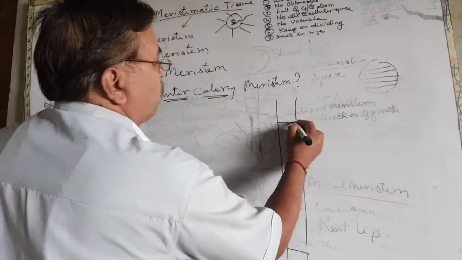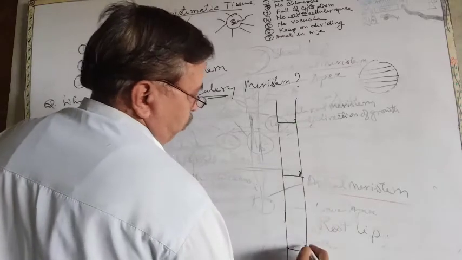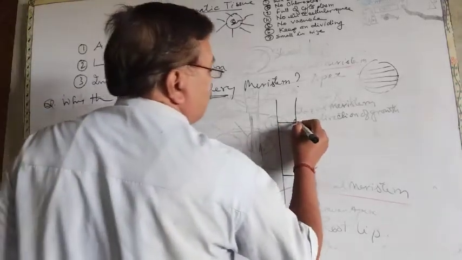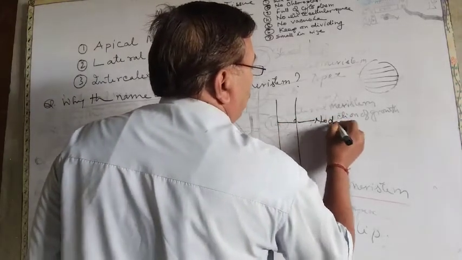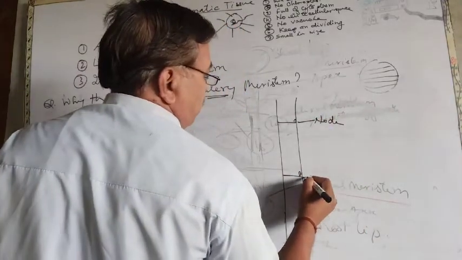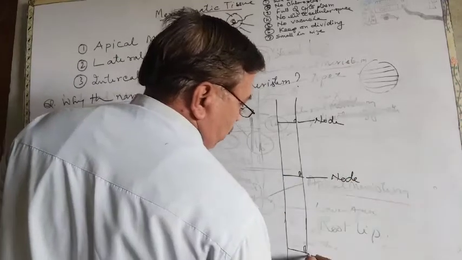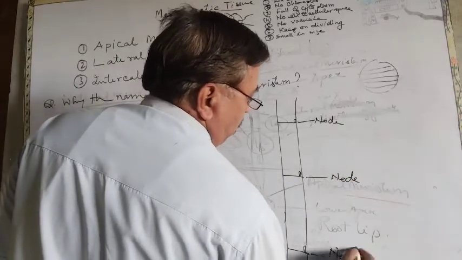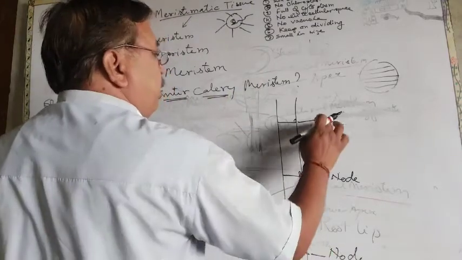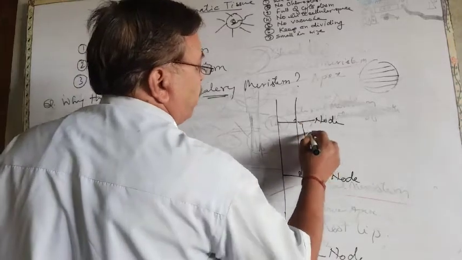These are the nodes, and at these nodes you have the buds to grow into new shoots. So this is called the node. I have taken the example of sugarcane so that you can easily understand. This is another node, and this is the third node. How many nodes are visible in this figure? 3 nodes. So in between two nodes, this place is called the internode.